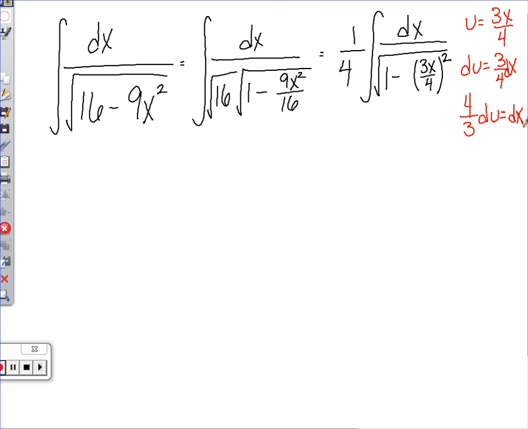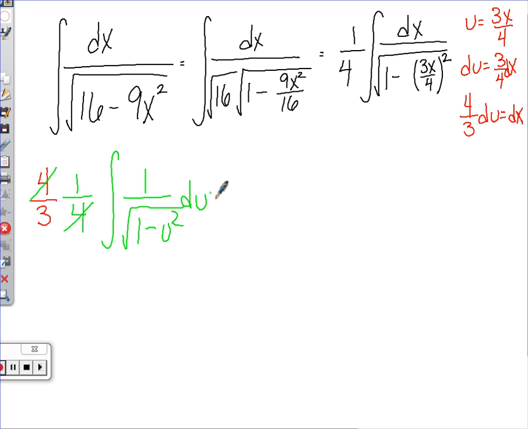And the 4s die. We get 1/3. And we get 1 over square root of 1 minus u squared du, and well, that's pretty. 1/3 arc sine of 3/4 x plus c.